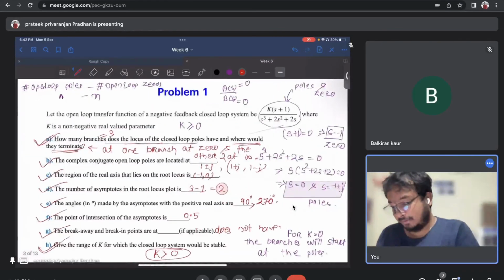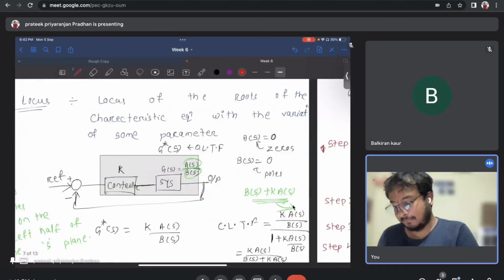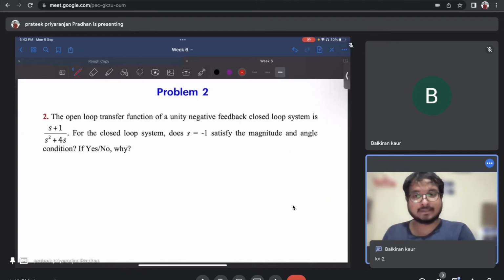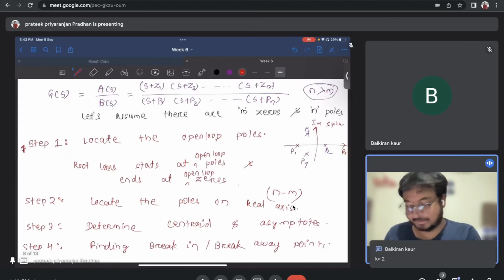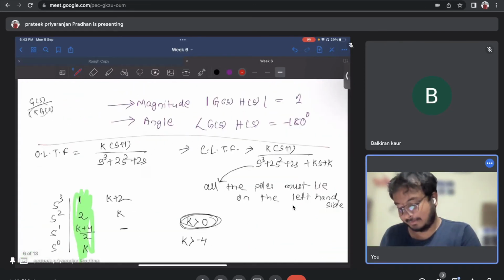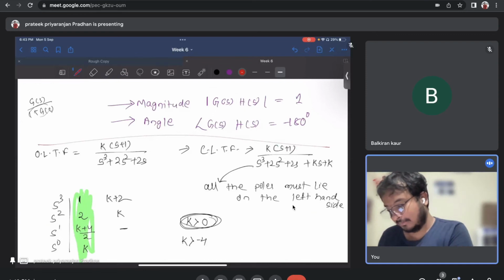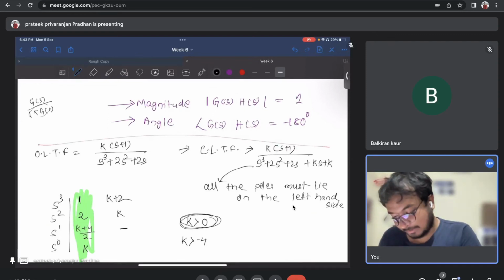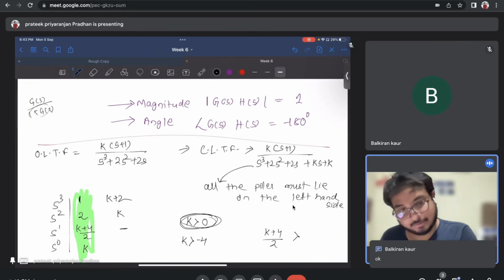Now let's come back to the second problem which I have considered for this class. K should be greater than -2, you are saying. Okay, let's come back here. You need to be a little bit careful because K plus 4 divided by 2 should be greater than 0.